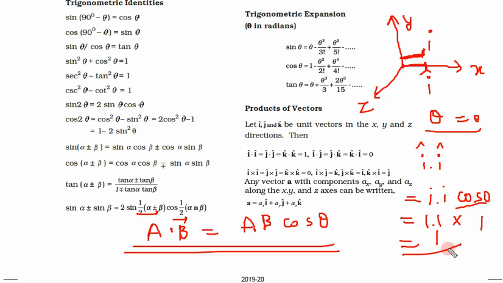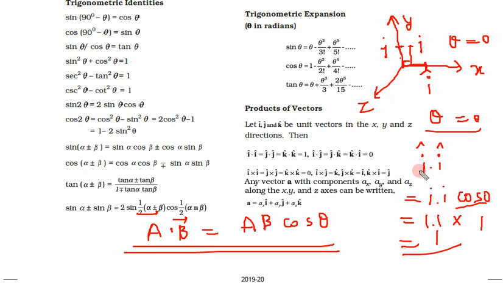So we get 1. Now similarly j. What is the meaning of j? Somebody has traveled 1 unit in the y direction, and another person also traveled j. So what is the angle between them? Again 0, theta is equal to 0.